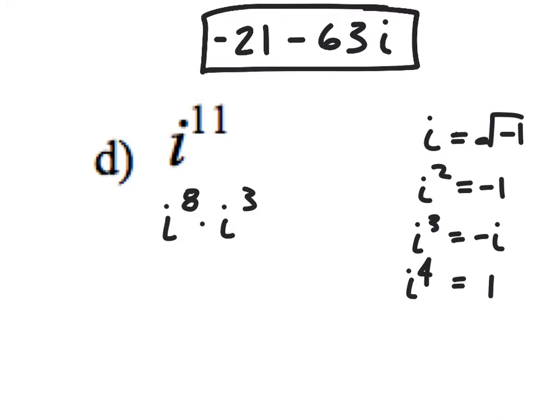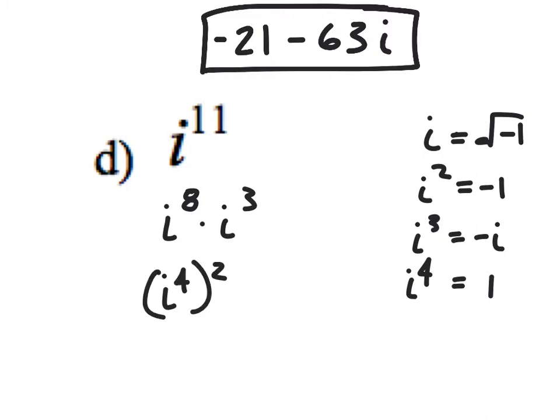The reason I did that is because I'm using my laws of exponents. If I were to combine these two, I would do 8 plus 3, and that would give me 11. So I'm going backwards.